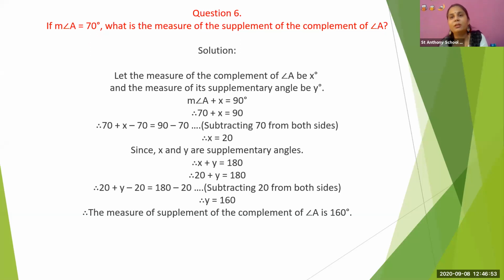Angle A is given as 70 degrees. What is the measure of the supplement of the complement of angle A? Please pay attention, everyone. Here one of the complications is there. If angle A is 70 degrees, we have to find the measure of the supplement of the complement of angle A.